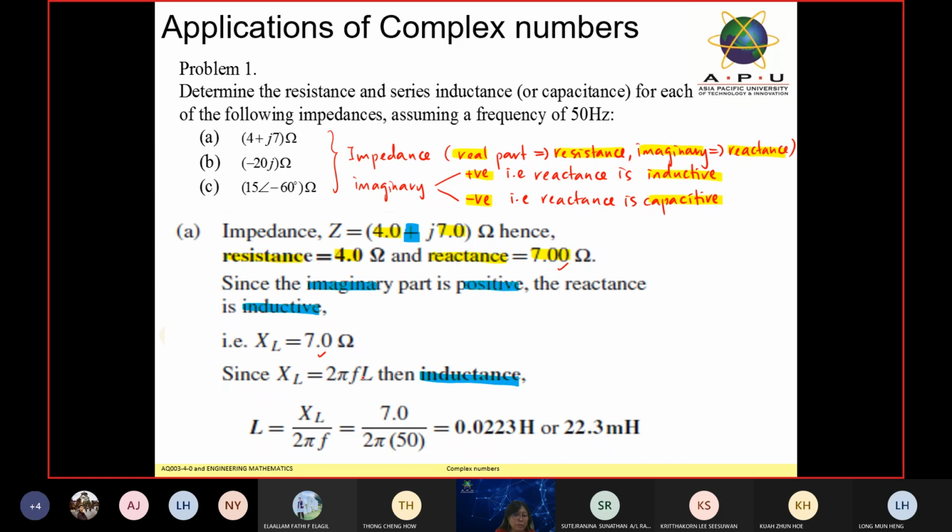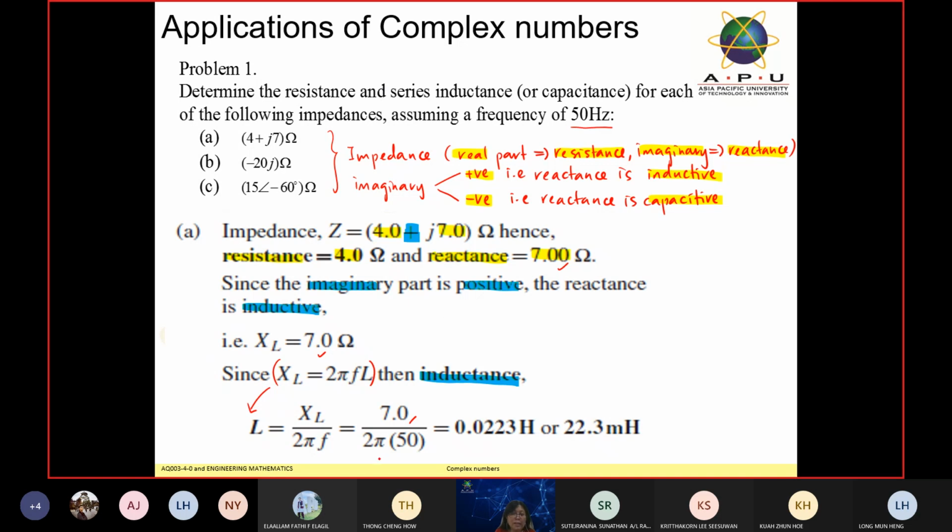We rearrange to get L equals XL over 2 pi F. XL is the reactance, so I substitute its value, and F is the frequency given by the question, 50.